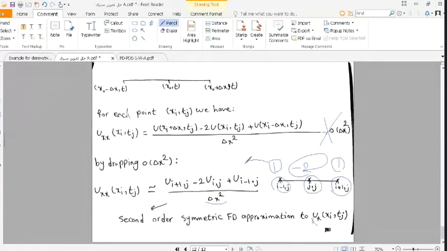Please see this formula: u i plus 1 and j, the coefficient is 1, minus 2u i j, and finally u i minus 1 and j with the coefficient 1, over delta x2. The power of delta x for second order approximation to uxx is 2, not 1. Please be careful.